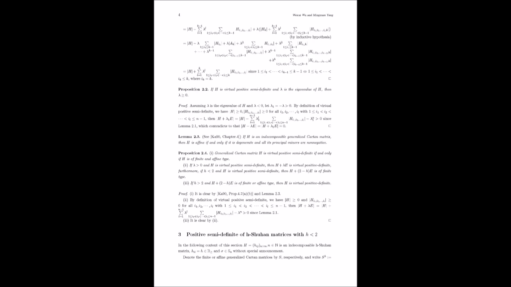And the paper delves into the conditions under which this transformed matrix is virtual positive semi-definite. Proposition 3.10 states that it is virtual positive semi-definite if and only if H is greater than or equal to 2. So it seems like the value of H continues to be a critical factor. It really does, even when we shift to these affine generalized Cartan matrices.